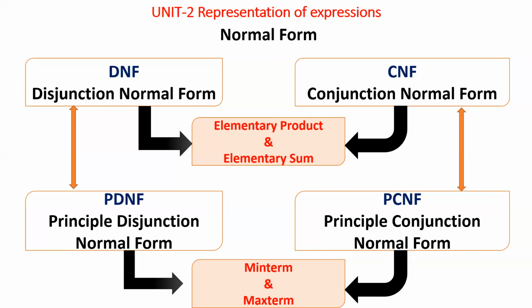Similarly, if we make modification in CNF, we'll get PCNF, principal conjunction normal form. Here we have to keep in mind, to learn DNF and CNF, we require elementary product and elementary sum, and to learn PDNF and PCNF, we require min term and max term.